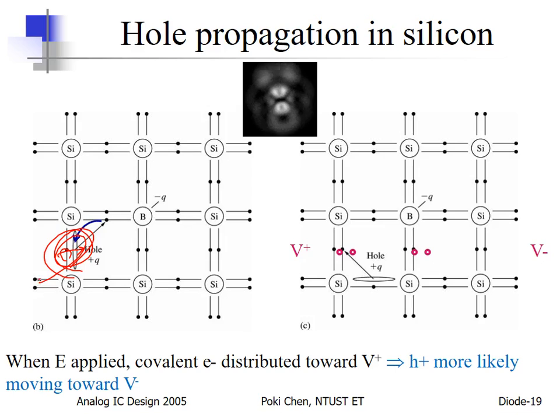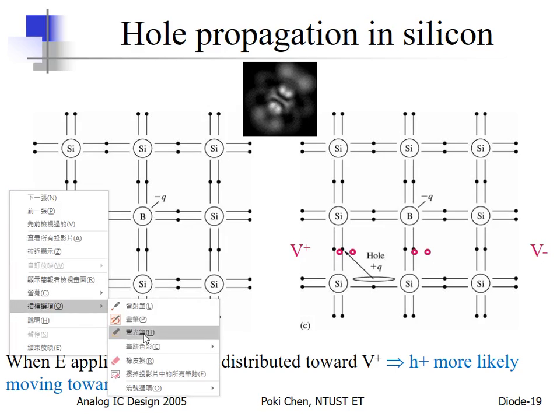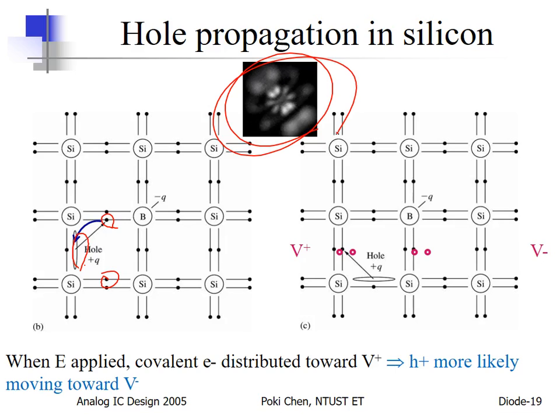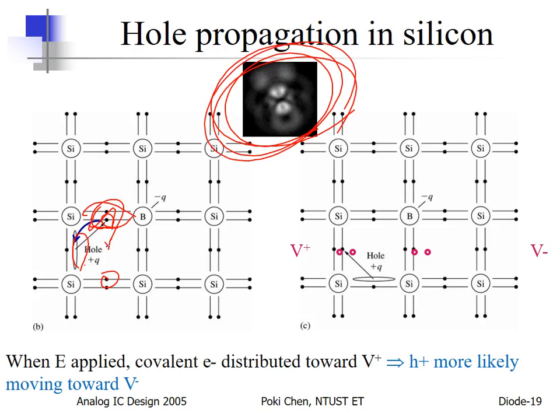But anyway, by some chance, when the hole is here, the neighbor valence electrons, according to probability, don't expect those two to stay bound inside the bond. No. Sometimes it will show up here, sometimes there, sometimes here, right?